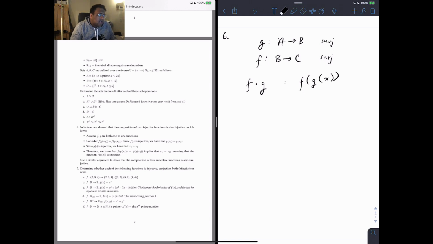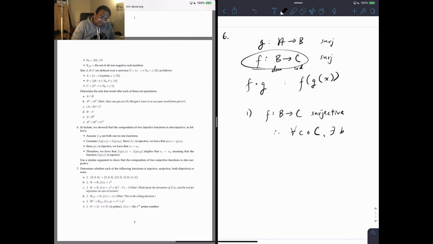So how we'll do this is in two steps. The first is we'll use the fact that the function f going from B to C is surjective, and therefore for all c in our codomain, and really this is the codomain both of our composition and of the function f, there exists some b in the domain of f such that f maps b to c.